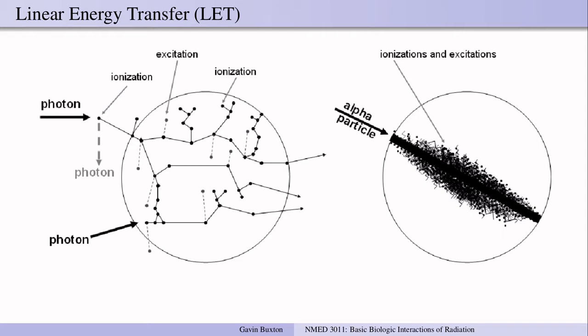Now contrast this with the image on the right. An alpha particle comes in and has lots and lots of interactions, lots of those ionizations and excitations, all along the track of the particle in a very highly dense region. And this is the high LET.